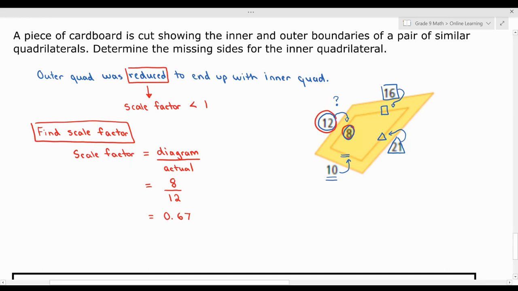So now what I know is to go from the 12 to the 8, I timed that by 0.67. Well, if these quadrilaterals are similar, then I have to also times this by 0.67. I have to times this by 0.67. And I have to times this by 0.67.